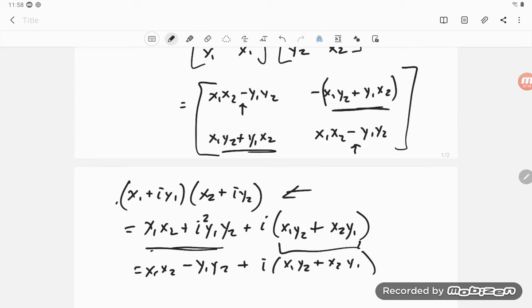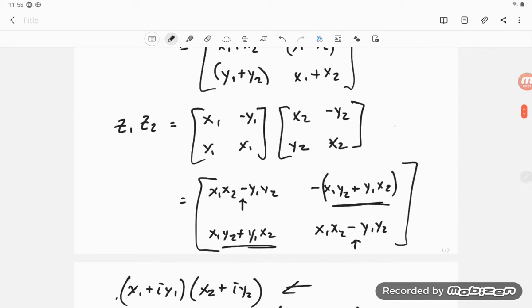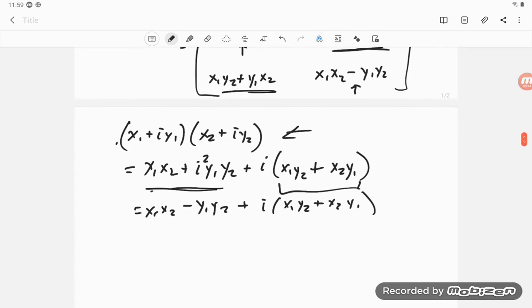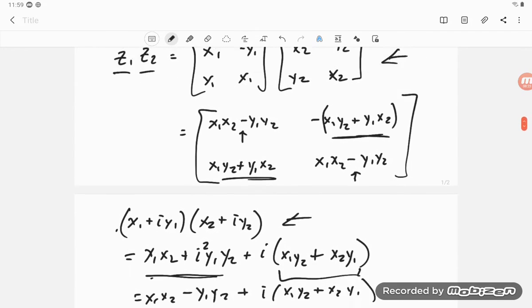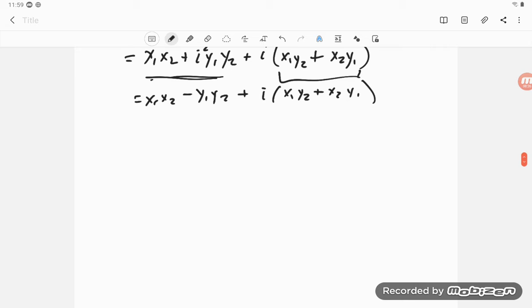So multiplication starts to be kind of a mess, because just to multiply these two complex numbers, I have to do a 2x2 matrix multiplication in essence. But it's kind of neat that you can represent them this way. So we did our addition, we did our multiplication.